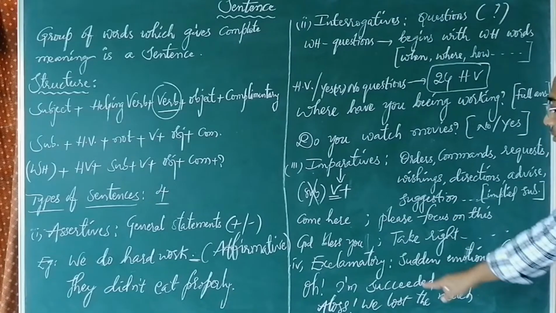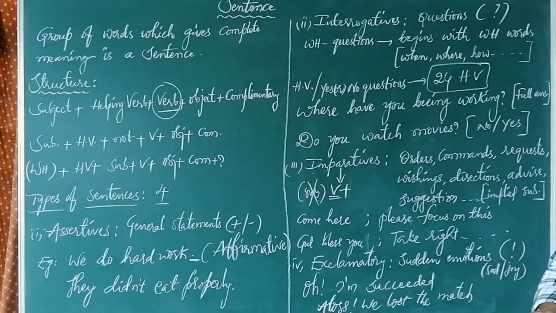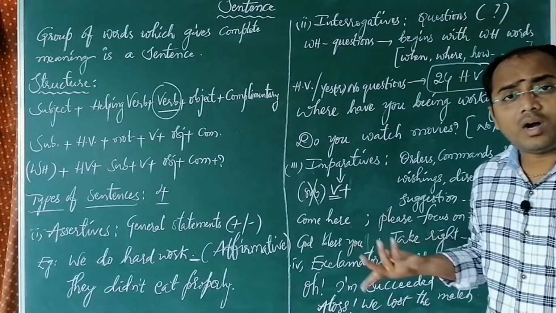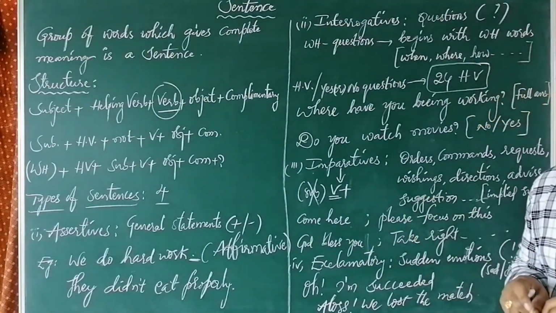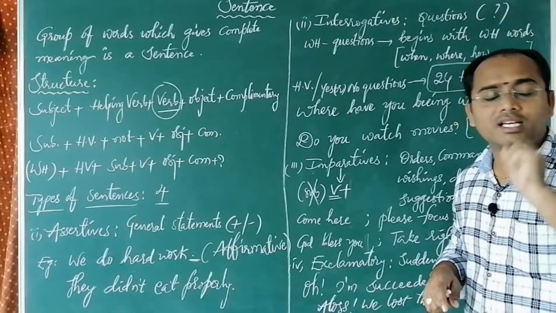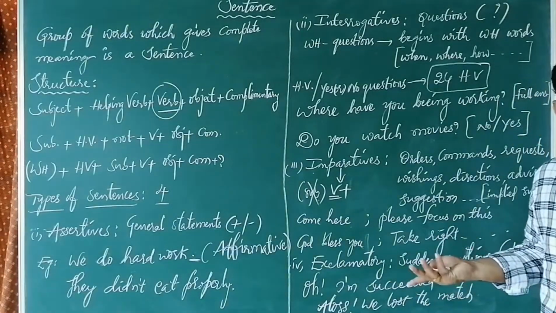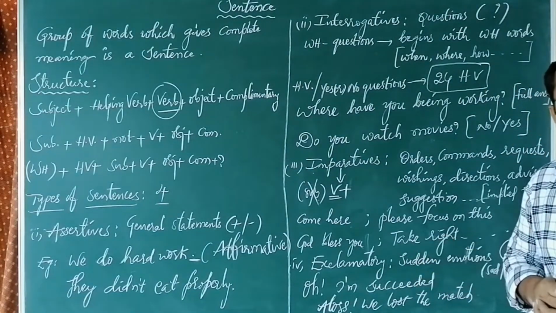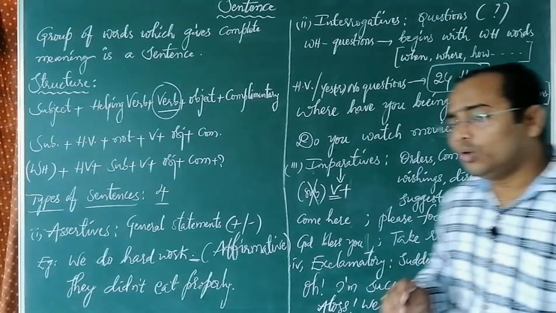And finally, one more type of sentence is exclamatory. What is exclamatory? Oh, what? These are the exclamatory words. According to parts of speech, we consider them as interjections. But exclamatory is nothing but certain emotions. It might be sad emotions or joyful emotions. There are particularly a few words.